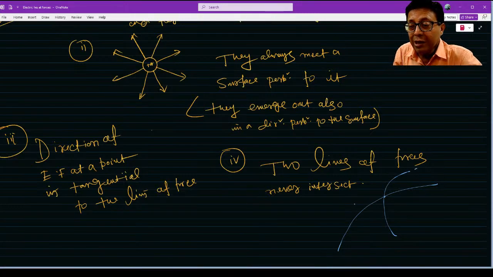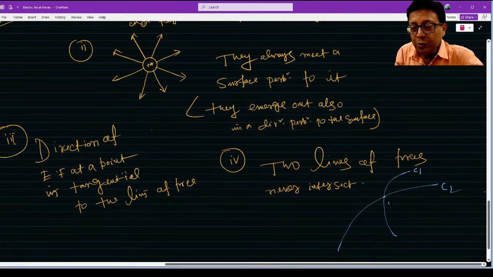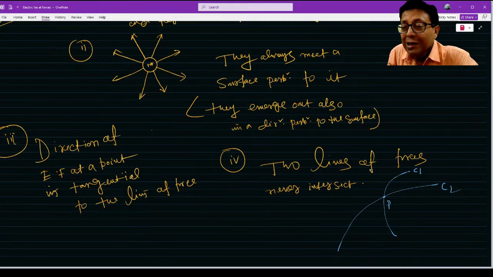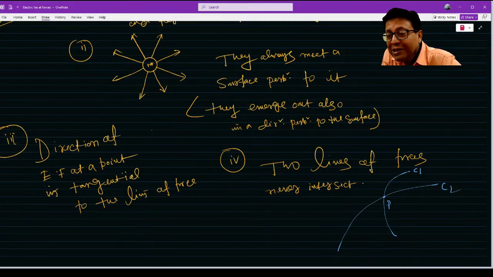So this is one line of force, curve 1, curve 2, and the meeting point is P. So what is going to happen over there? At the point P, this is a line of force, no? Suppose it is directed this way.